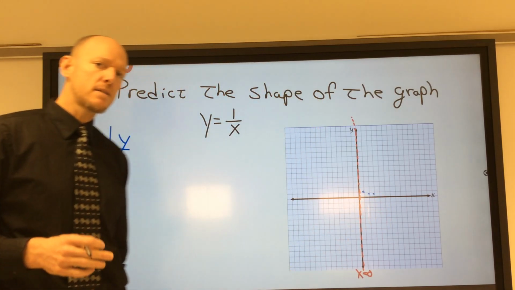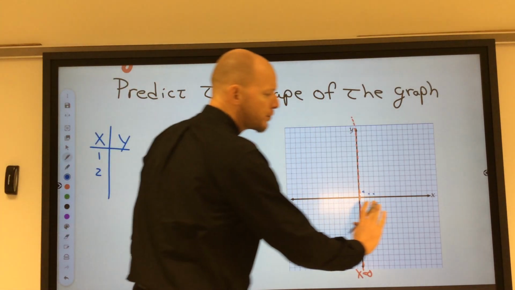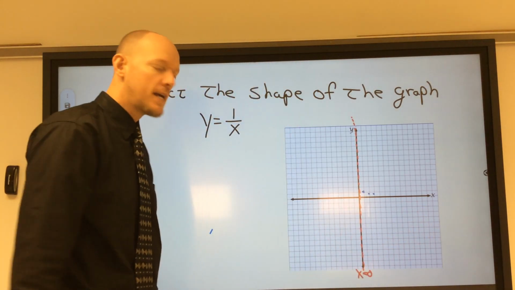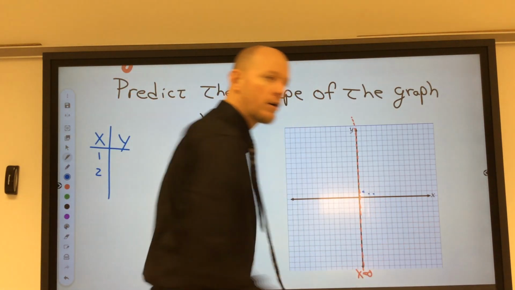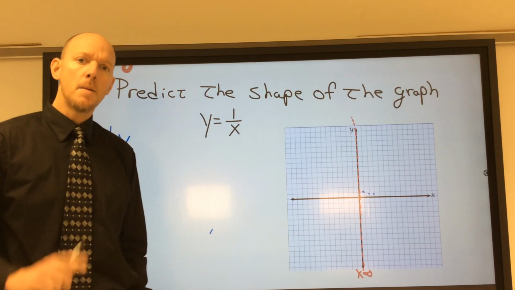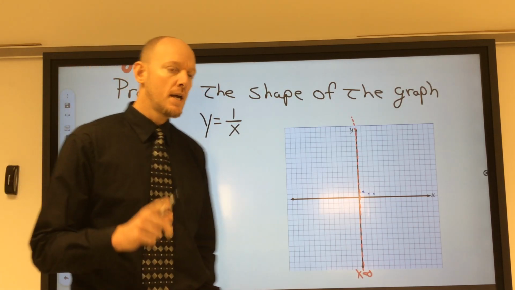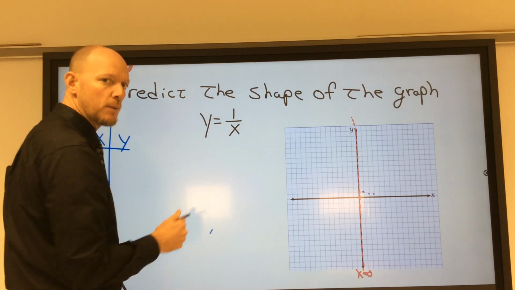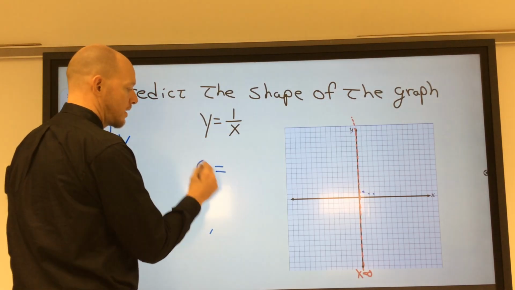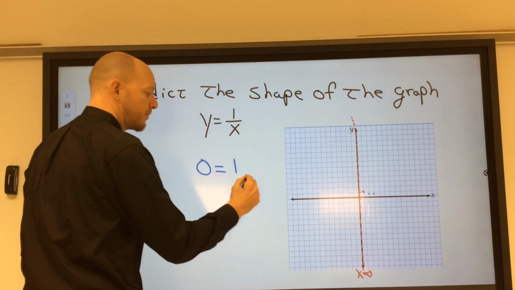Which kind of makes sense that basically the larger the x value I substitute in, it's going to keep getting closer and closer to that x-axis. But now here's the question. Can I substitute a value in for x that would produce a value of 0?